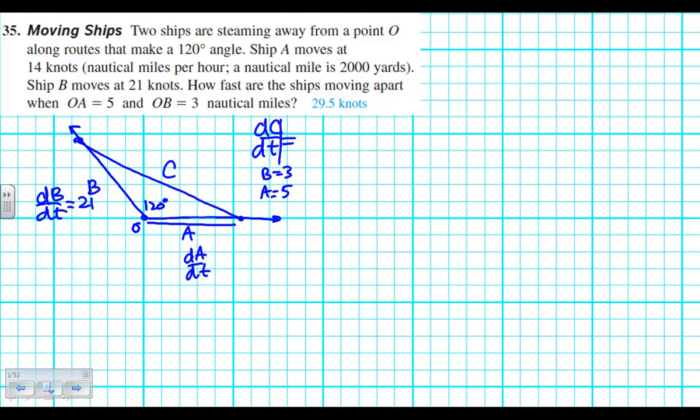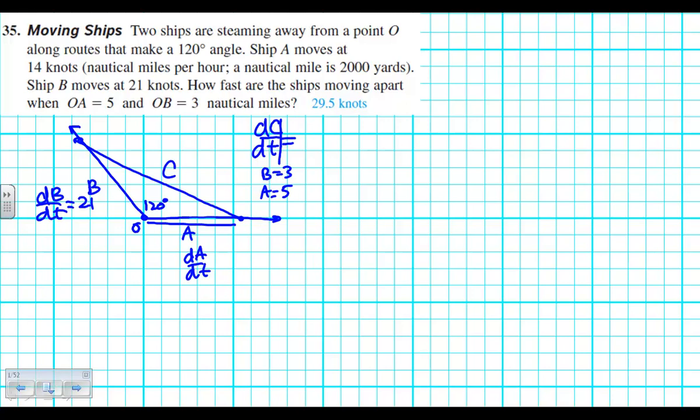All right, back to this question. We need an equation that is going to tie together our three values, A, B, and C. And this is another one of the reasons why this problem is harder than others, is that it's asking you to remember something that you should have learned in pre-calculus.